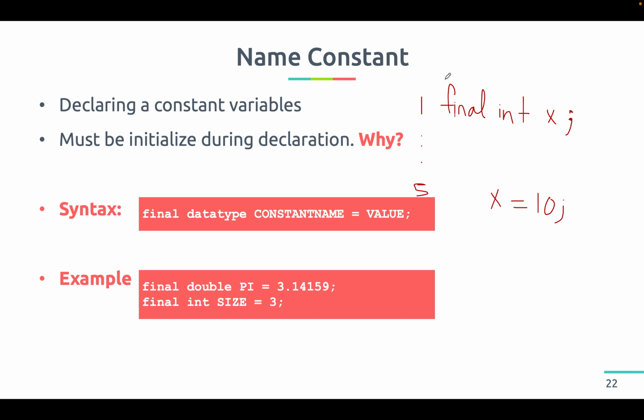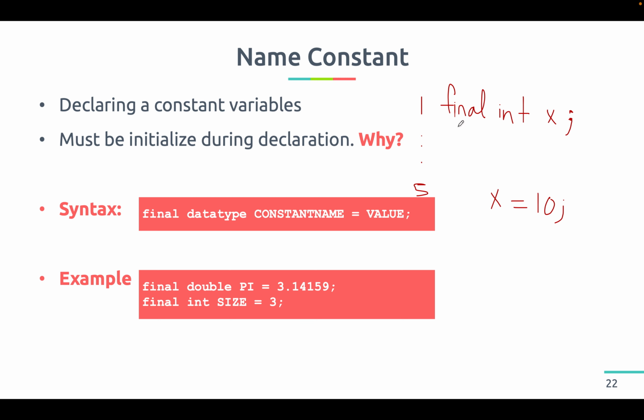This is not allowed. We cannot write this code. It has to be this way. We have to write final, and then the data type, and then the variable name is equal to a value. We can't write it this way. Well, why? Why can't we write it this way?